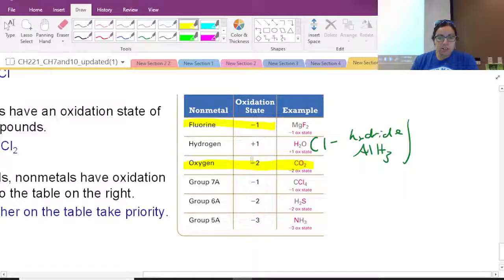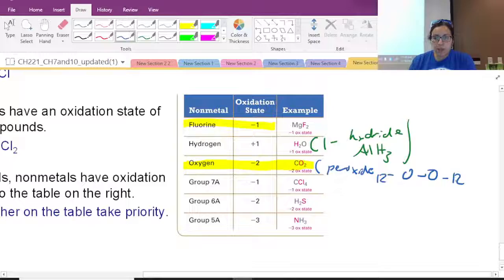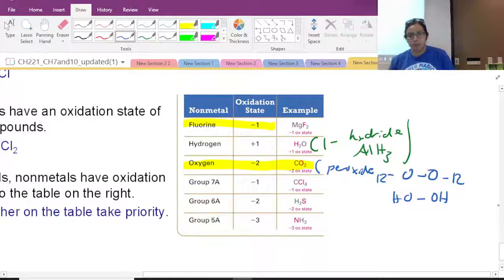Oxygen is always -2 unless it's a peroxide. A peroxide is when you have an O single bonded to another O, and then each is bound to any other thing. The simplest is hydrogen peroxide, but you can have an endless library of organic peroxides, hence why I just put R, which just means anything.